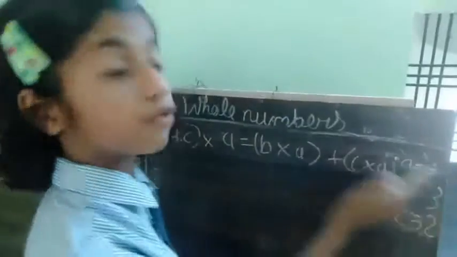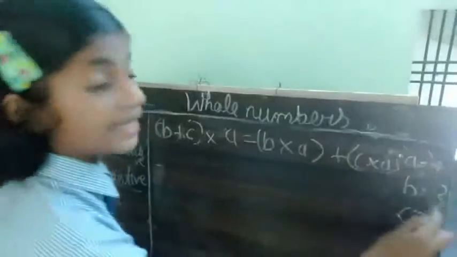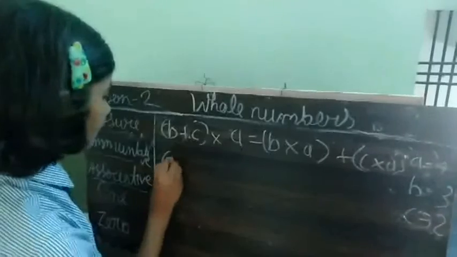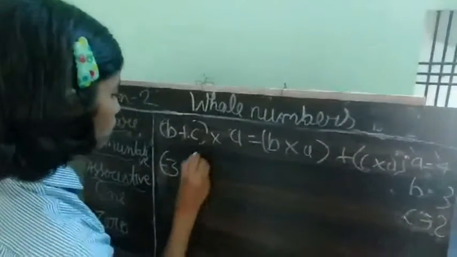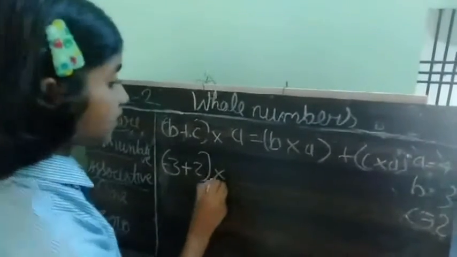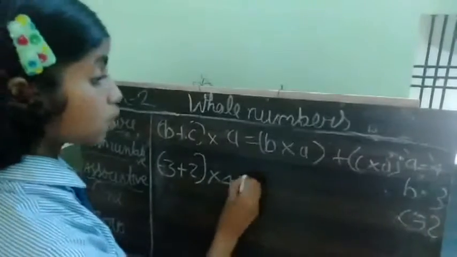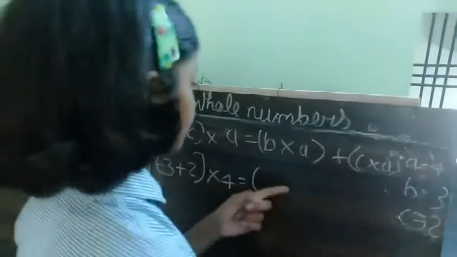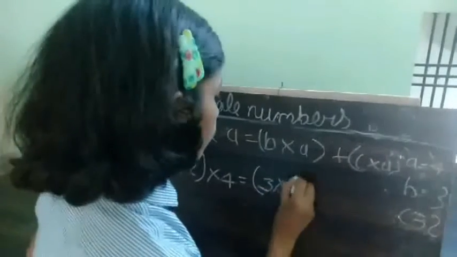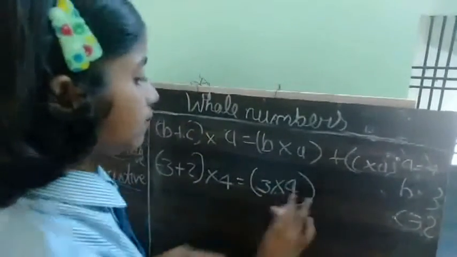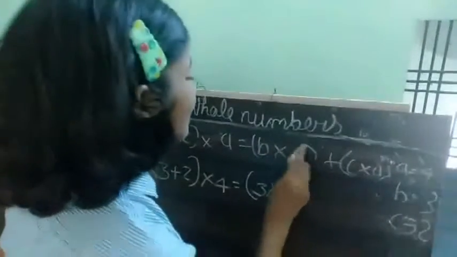The value of A is 4. First we write the value of B is 3. Bracket 3 plus 2 bracket closed into 4 equals bracket 3 into 4, sorry, this is A here.